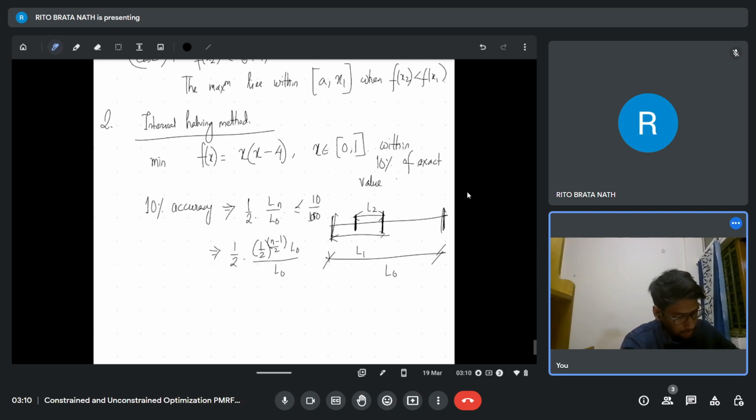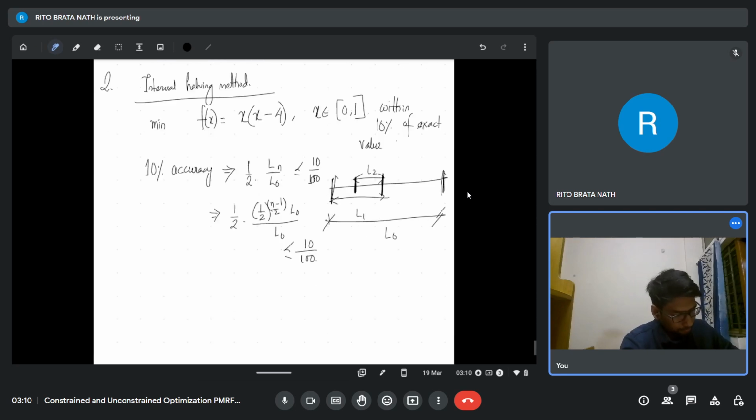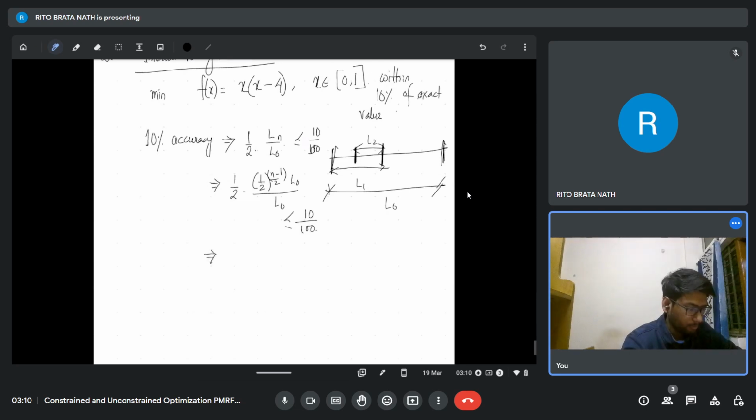So when you're picking 3 points, that's exactly half, and picking 5 points, it's 2, that's 1/4. So you make it as 1/4.